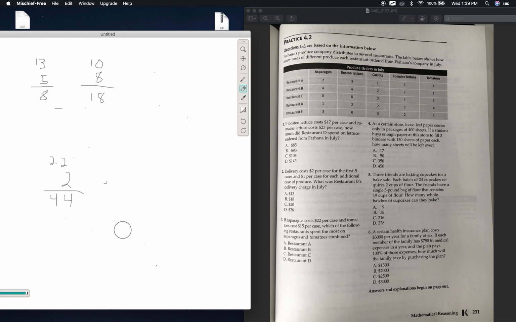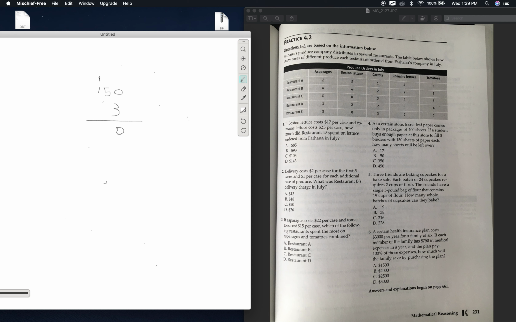For that we need to see, okay, he needs 150 per binder and he has 3 binders, so we will do 3 times 150. Okay? 150 times 3. 3 times 0 is 0. 3 times 5 is 15.